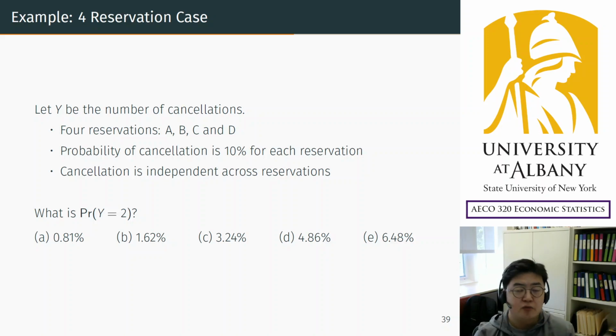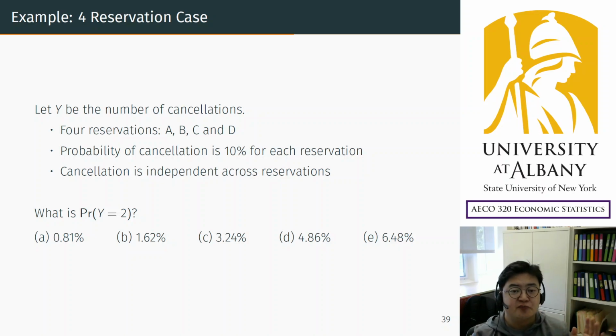Okay, now we are considering the 4 reservations case. As I explained, the key part of this question is to calculate the number of possible outcomes included in this event. Basically, you can imagine that there are 4 reservations and each reservation has 2 possible outcomes.